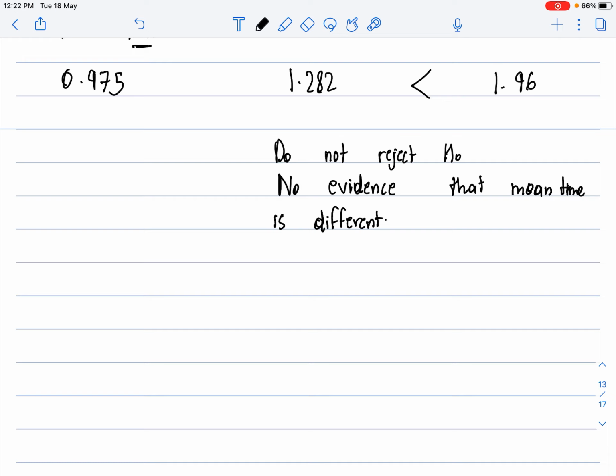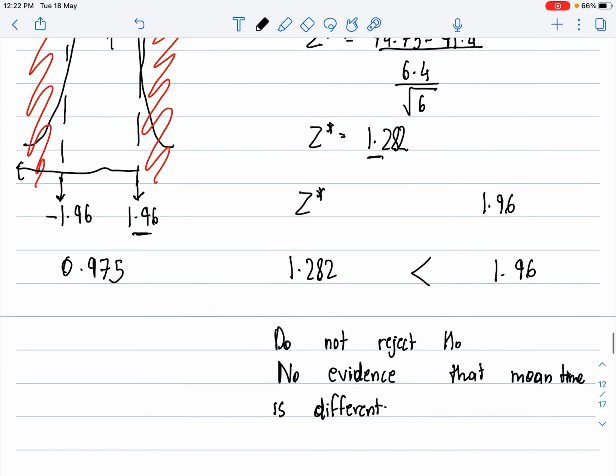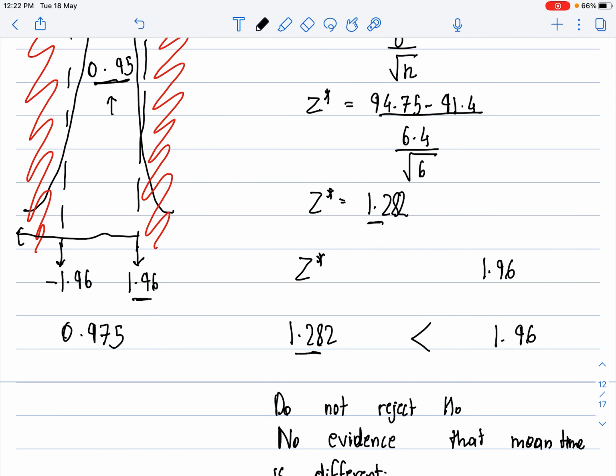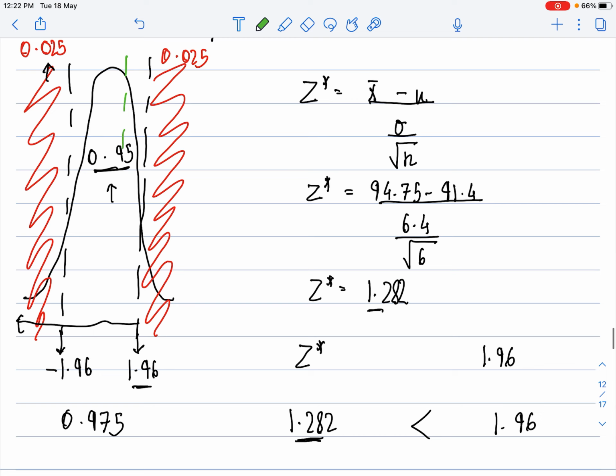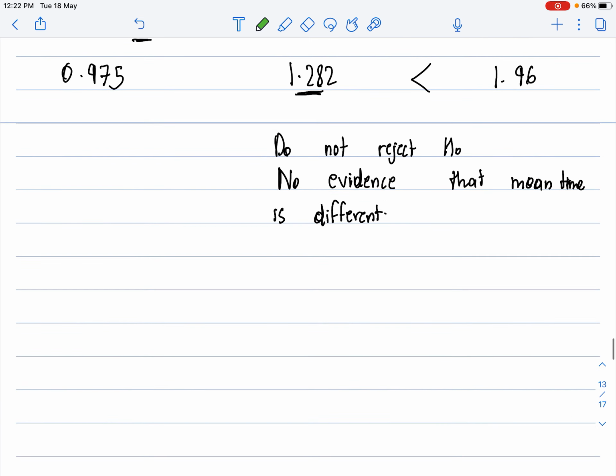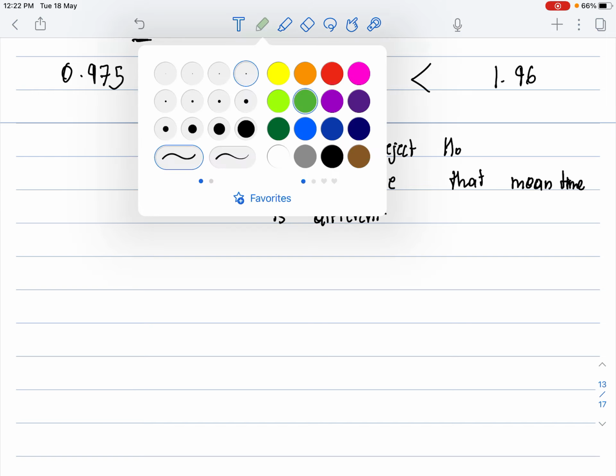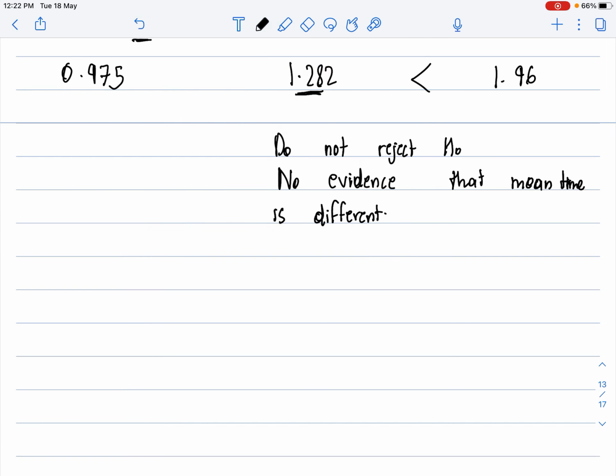Think about it graphically. Where does 1.282 lie on the curve? It lies somewhere here, and my critical region is the area in red. The line in green does not fall on the area in red. So I do not reject my null hypothesis, and there's no evidence of the mean time changing.